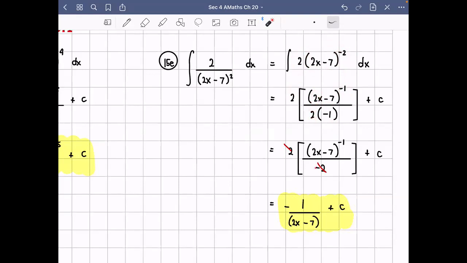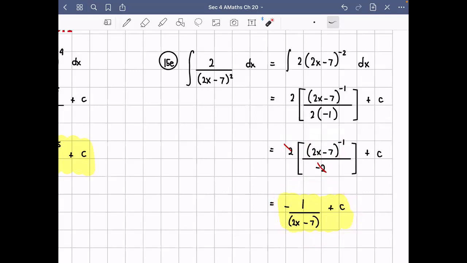So it gives you -2 as your denominator. So you can cancel out 2 and -2 here, giving you a -1. That's why you have a negative sign here. And then making this a positive index, you have -1 over 2x minus 7, plus c.